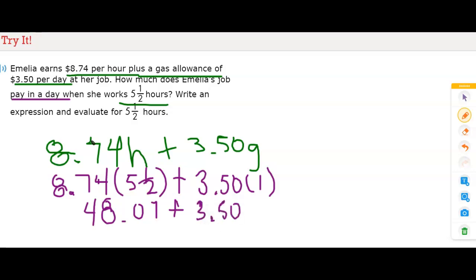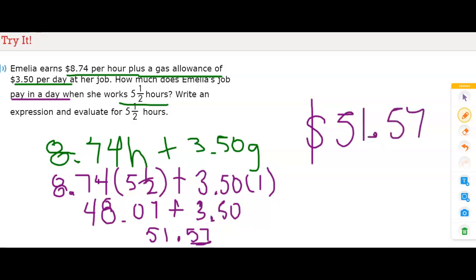Then we add the two together and we get 51 and 57/100. So thankfully again for this one there is only 2 decimal places in our answer, and it asks for how much will she get paid. So Amelia will get paid in 1 day $51.57.